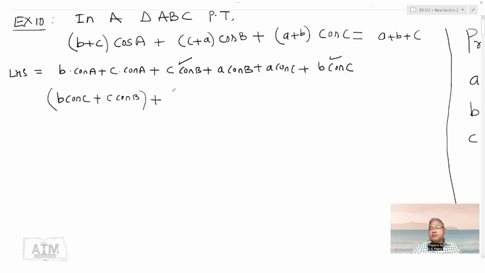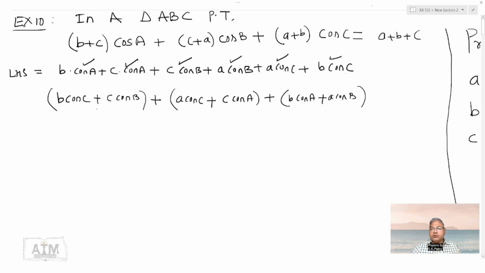After that, a cos C here plus c cos A, then b cos A and a cos B.